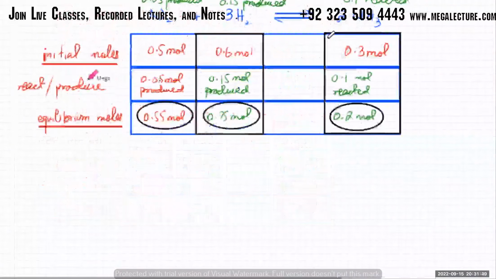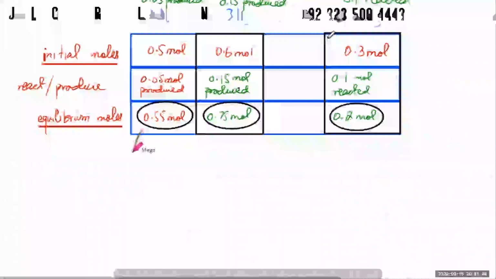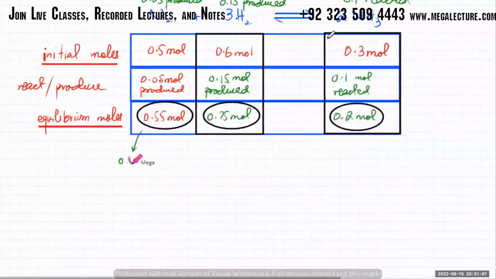So how do you find concentration? It's going to be the same thing. You got a 1 dm cube container, so it's going to be 0.55 moles per dm cube, right?